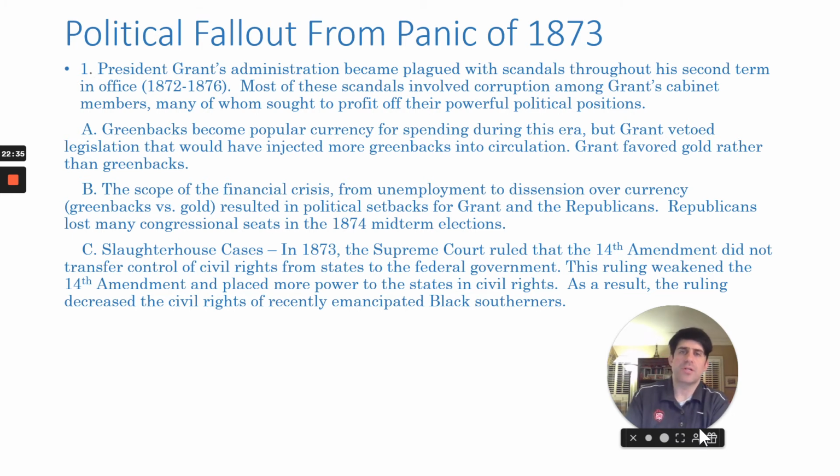Grant's administration was plagued with scandals throughout his second term in office, and many of those scandals involved corruption among cabinet members and other personal aides to Grant. These men all sought to profit off of their political positions and the power that came with holding those positions. They tried to use that to get personal financial gain.